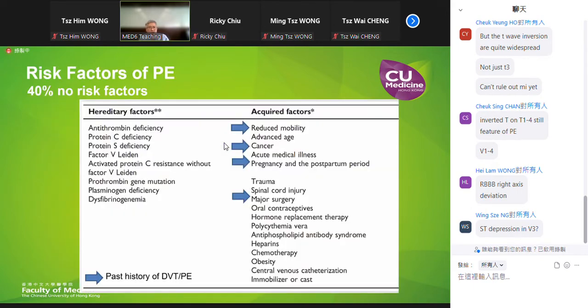And obviously, risk factors of PE, like our patient who had a recent surgery and has been in bed. And don't forget that patients with cancer, pregnancy, and postpartum are also at risk of PE. But 40% have no risk factor whatsoever. So these are things that will alert you, but some people may not have them. Obviously, you have hereditary factors which you won't know until you check later.